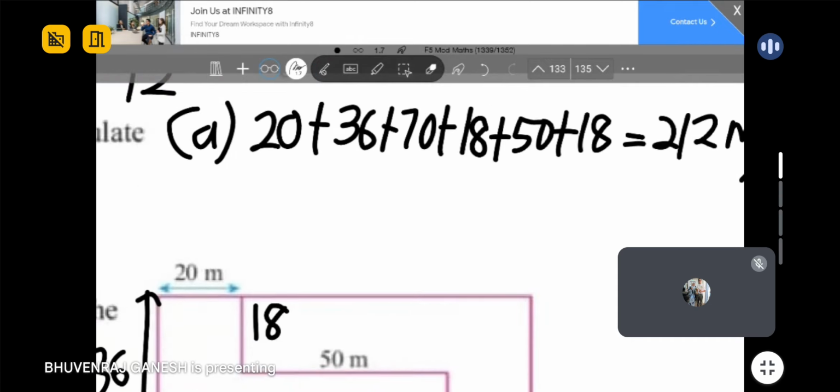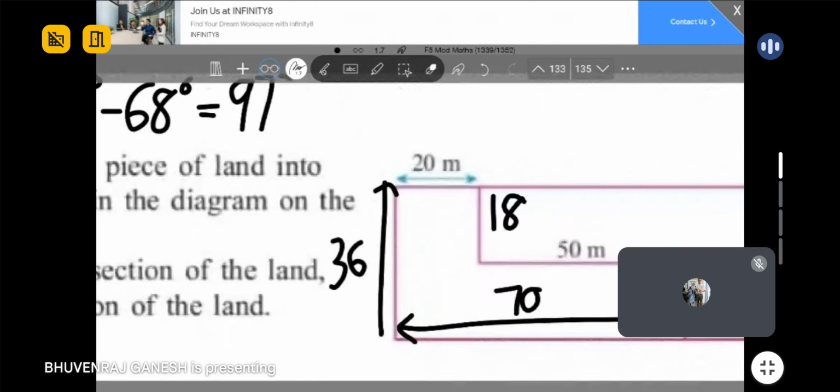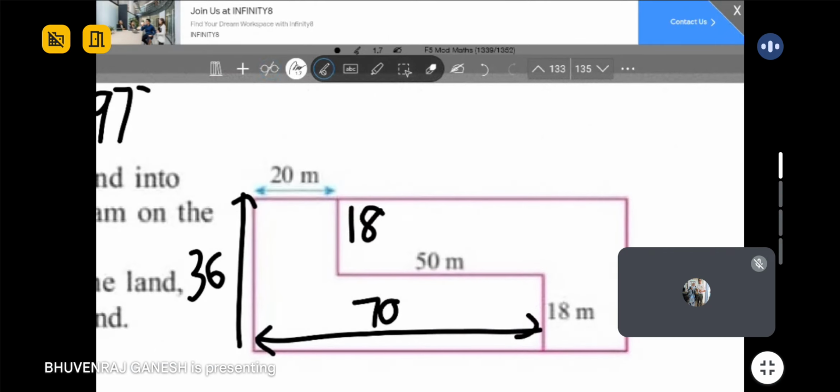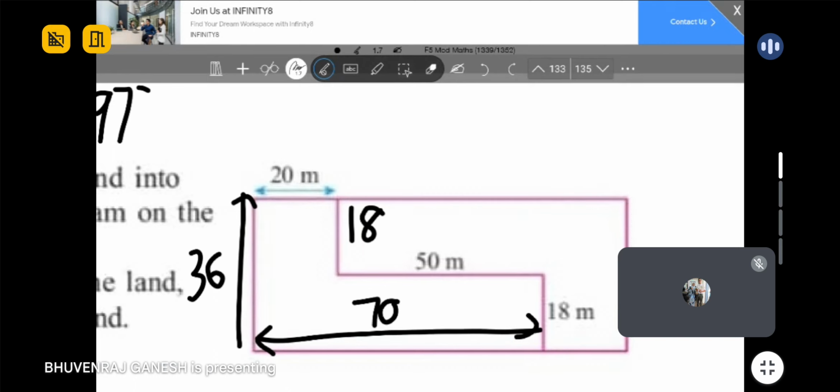Understand? So this is the concept. How to get perimeter. Untuk setiap bahagian tahu guys. Setiap bahagian maksudnya dia nak yang ni sahaja. They only want this part. If they ask the whole area, perimeter you count like this. Perimeter adalah ukur keliling, like a fence. So if the whole area they ask, you must take the rectangle punya perimeter.